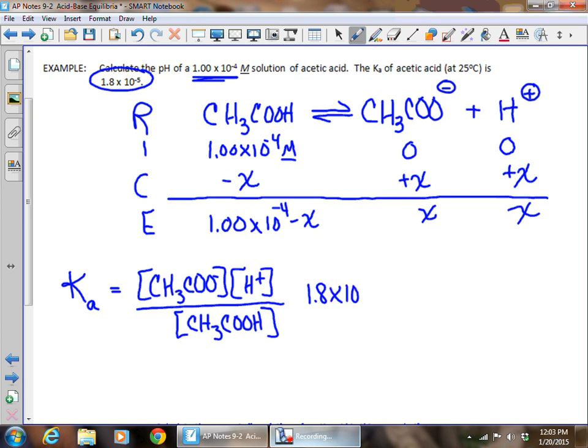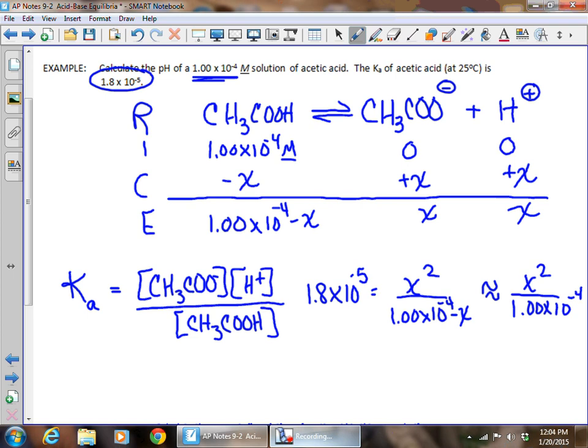So 1.8 times 10 to the minus fifth is equal to, both of these are x, so x squared over 1.00 times 10 to the minus fourth minus x, which remember we can neglect any added or subtracted x, and we're going to end up with x squared over 1.00 times 10 to the minus fourth.